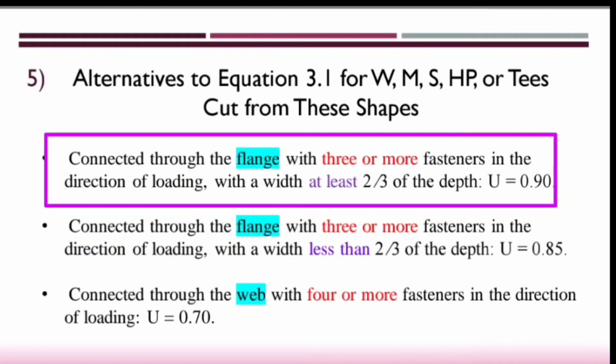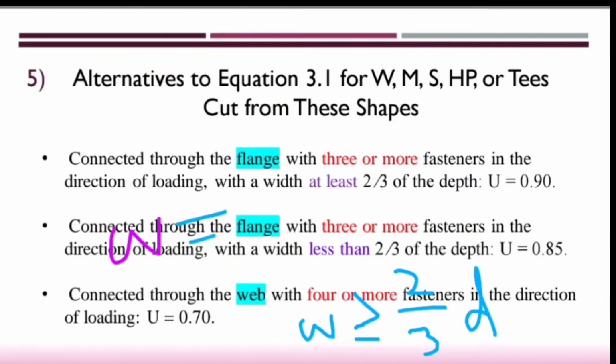When 3 or more fasteners are connected in the flange, remember this, I highlighted the flange width. For the first, when the flanges have 3 or more fasteners in the direction of loading, we have the condition that the width should be at least 2/3 of the depth. Remember this. When the width is at least 2/3 of the depth, then we will be using 0.90.